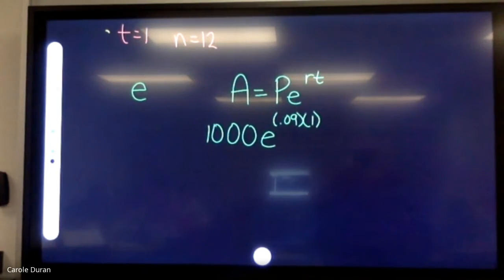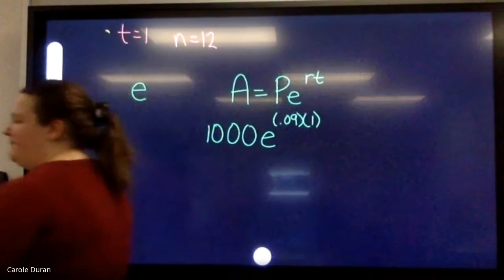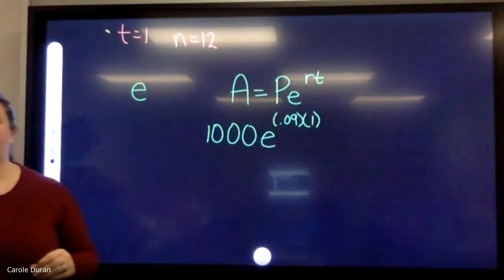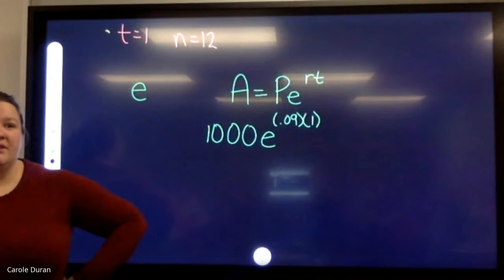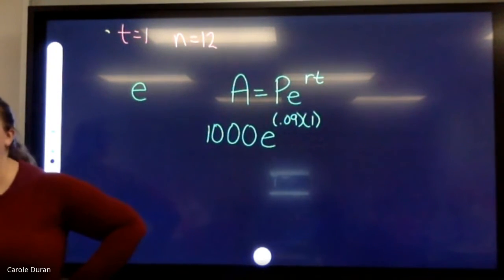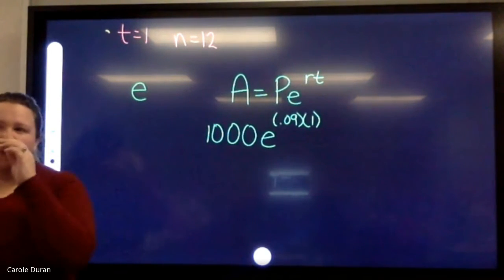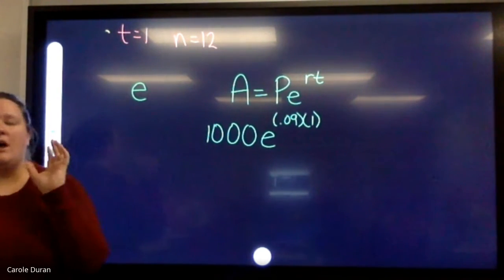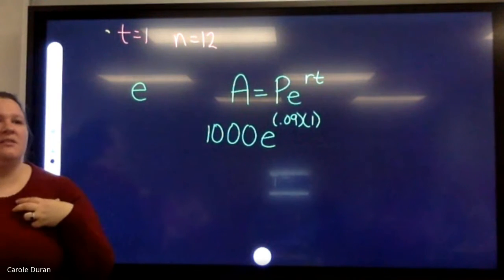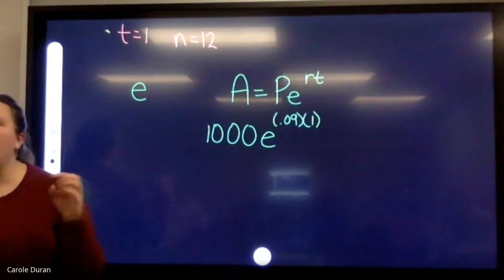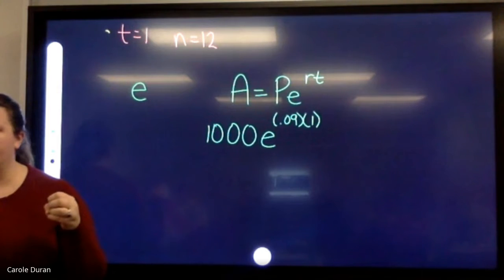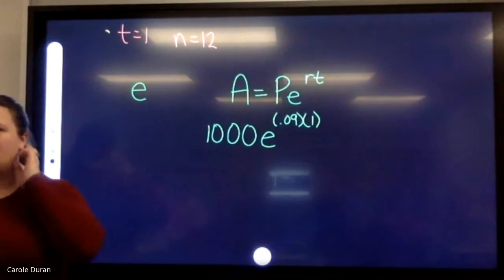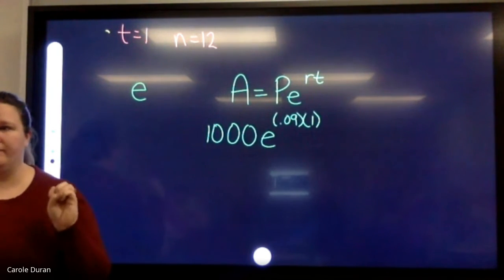Okay, what was our answer when we did this? $1,094.17. So we actually got really close when we compounded interest each day, but it still wasn't close enough. Did anybody have major issues plugging the e into your calculator?